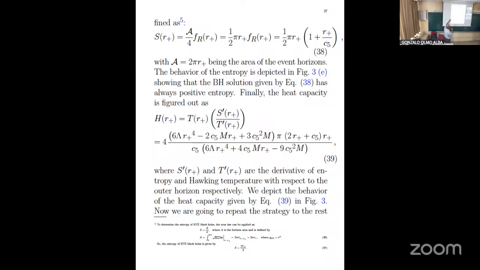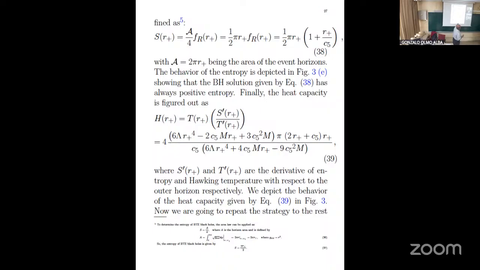So the entropy within modified gravity is generally different from Einstein's theory. From thermodynamics, the solutions have a good behavior. So up till now, we derived three new different BTZ solutions within F of R.